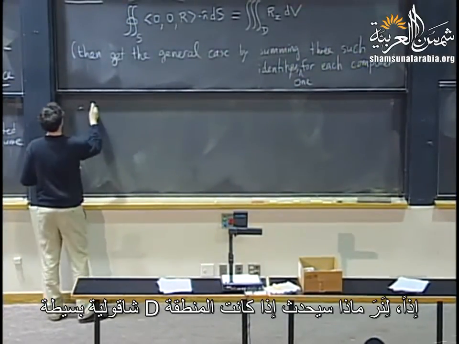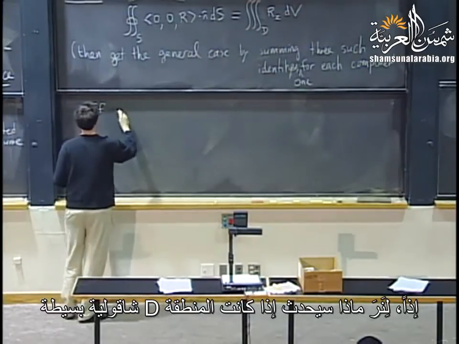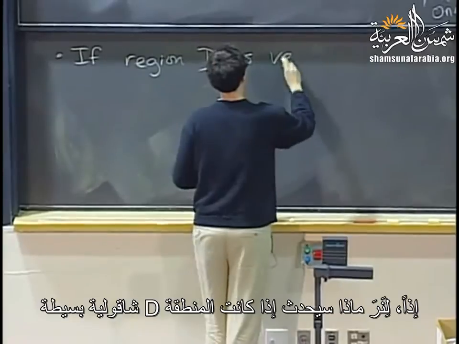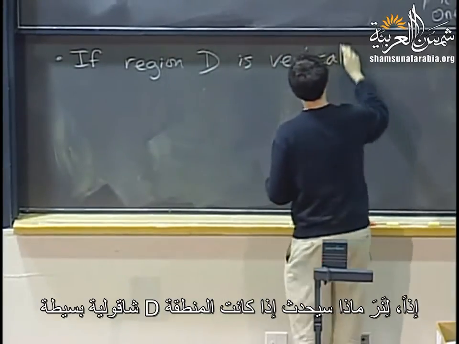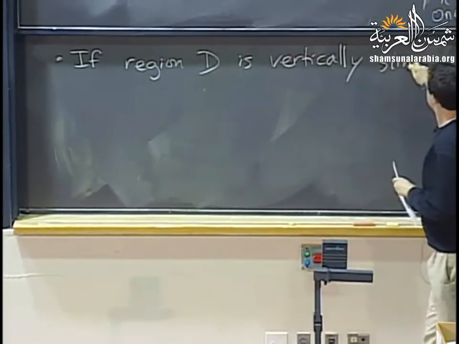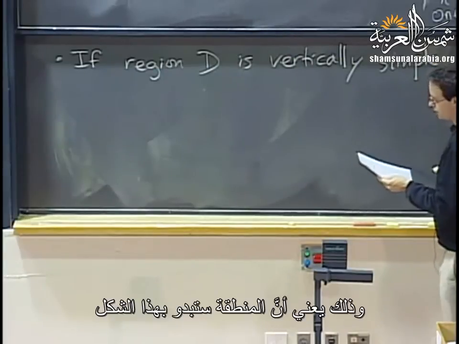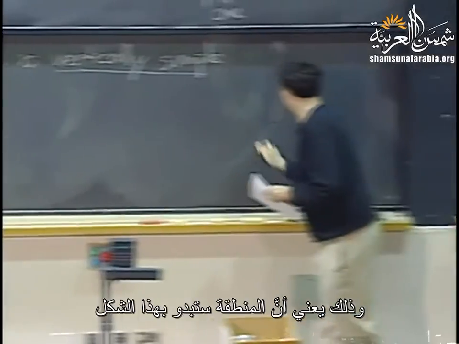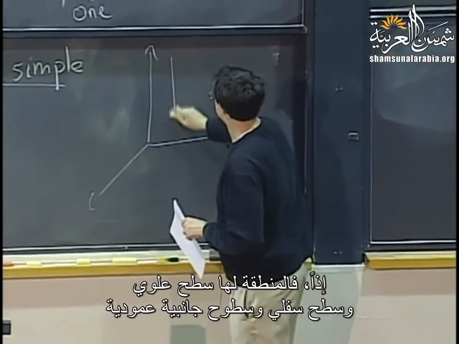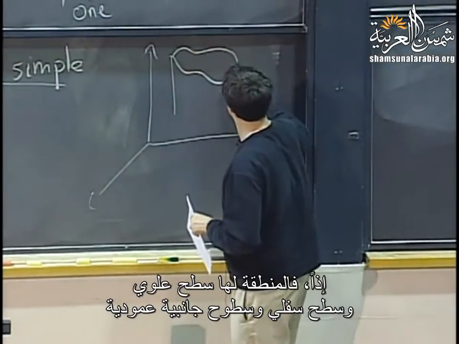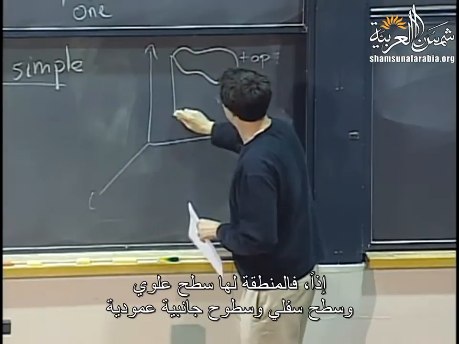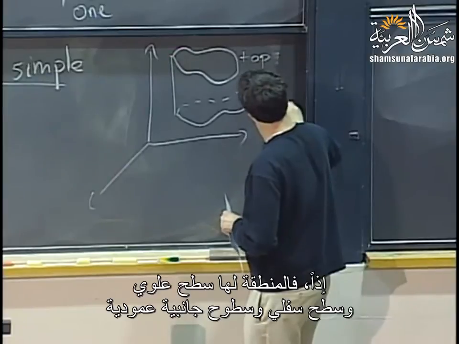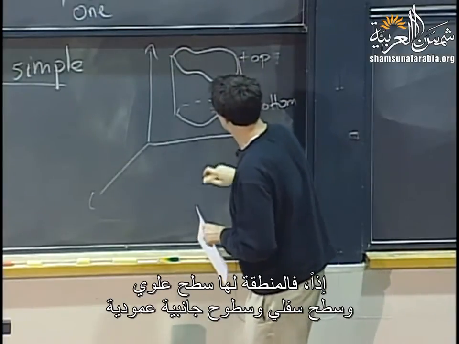Okay, so let's look first at what happens if the given region D is vertically simple. Vertically simple means it looks like this: it has a top, it has a bottom, and it has some vertical sides.